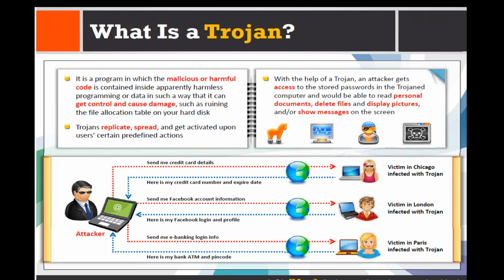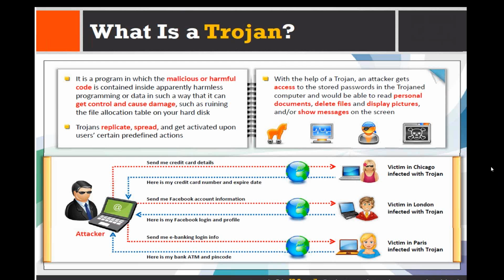A Trojan is the same thing. The original Trojan story happened in Turkey or Greece. It's currently in Turkey. I was lucky enough to see it. It's really cool. It's a horse which looks like a present.